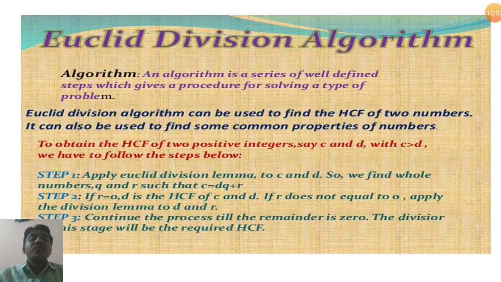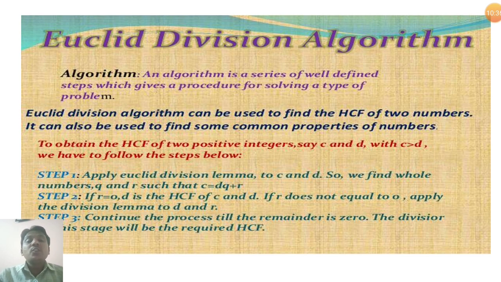Next, Euclid's division algorithm. This also you should write in your classwork. One more word, algorithm. What do you mean by algorithm here? An algorithm is a series of well-defined steps which gives a procedure for solving a type of problem. Sometimes you may get confused about what is an algorithm and what is a lemma. A lemma is an already proved statement used to prove another statement.